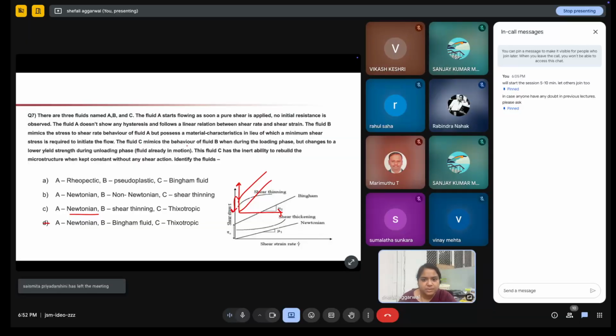Third, it mimics the behavior of fluid B during the loading phase but changes to a lower yield strength during the unloading phase. So it will follow the same during loading, during unloading it will be different. So it will be a thixotropic fluid. So the answer will be D.